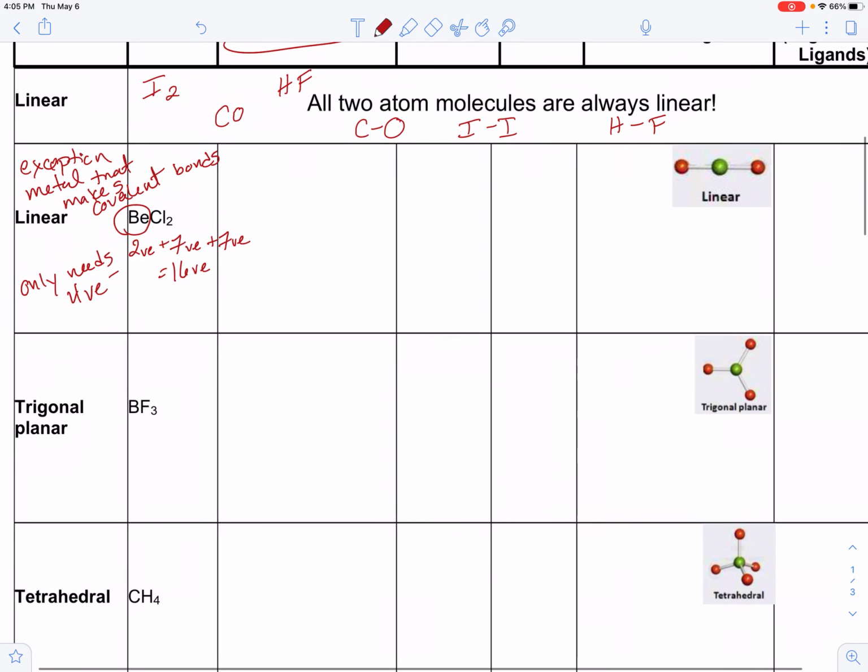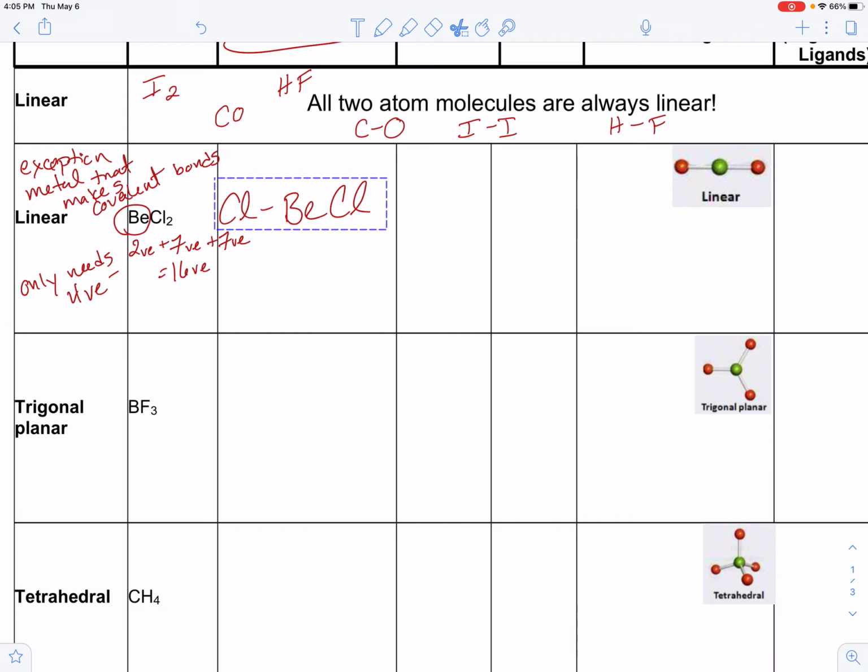So beryllium is going to make 2 bonds because it needs 2 more valence electrons. Chlorine is already at 7, so it only needs 1 valence electron, so it's only going to make 1 bond. So I'm going to put beryllium in the middle. And then it's going to be bonded to chlorine on either side. And then I'm going to finish off their valence shell by adding in the extra dots.